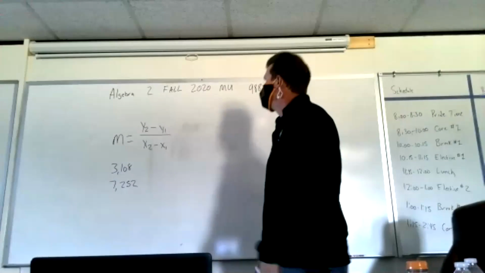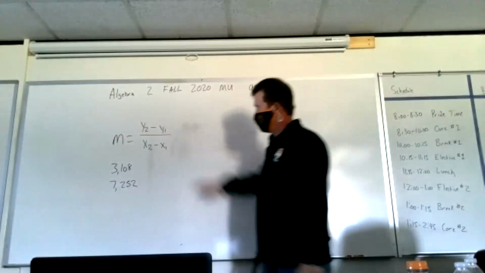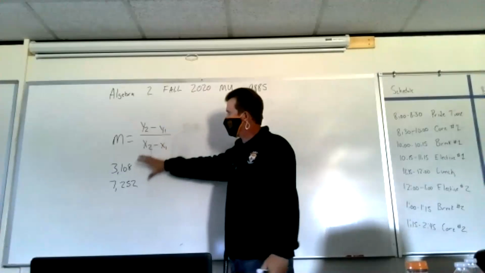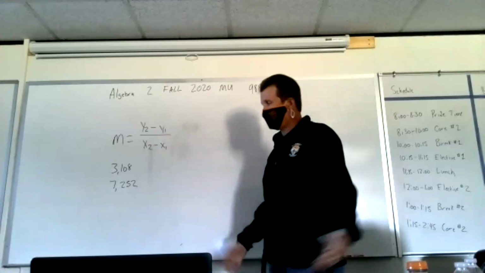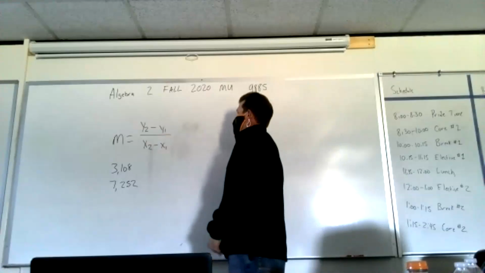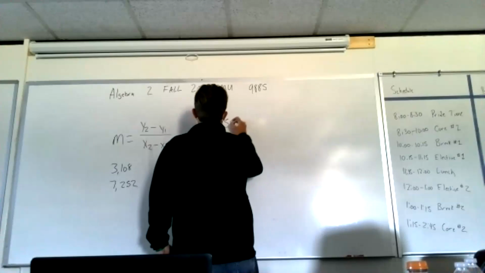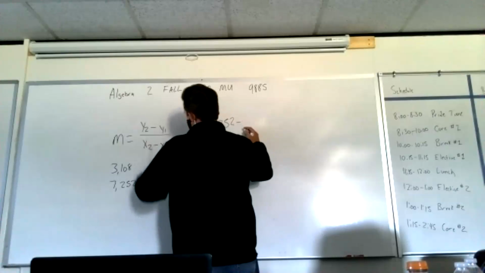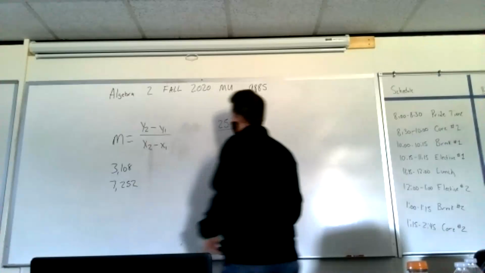Now what we do is plug them into our equation. It doesn't matter which one we declare as x1 or x2 as long as they match up, and we'll do them both ways. So for y2, I'm going to put 252 because that's the point that's farther to the right. y1 is going to be 108 because that's the point that's farther to the left.